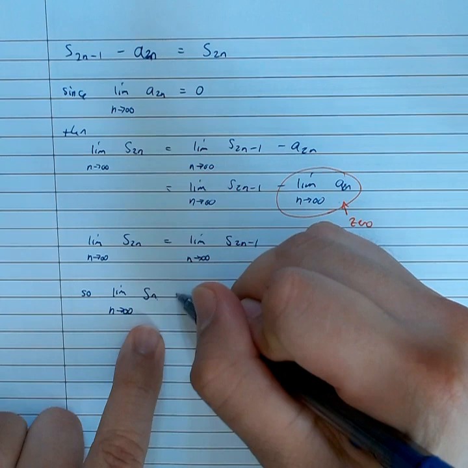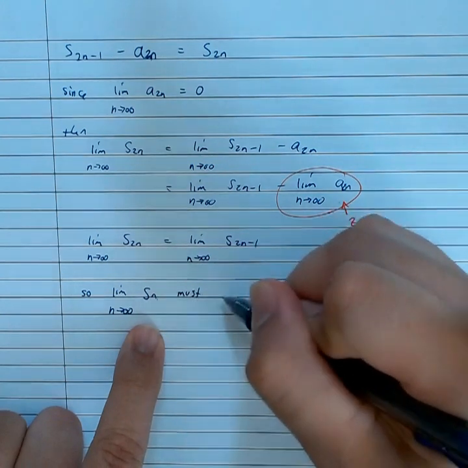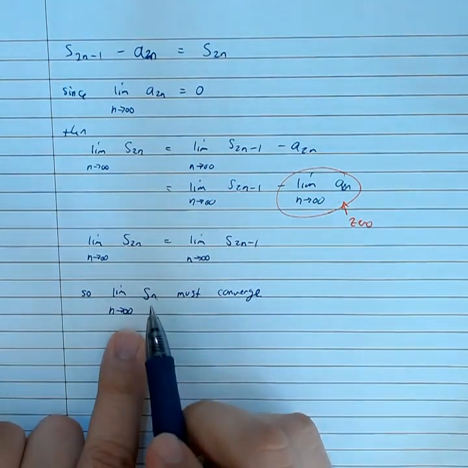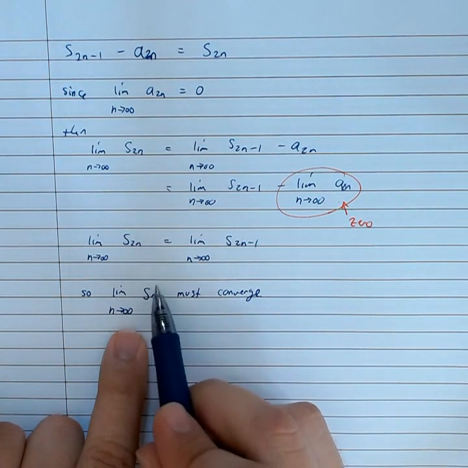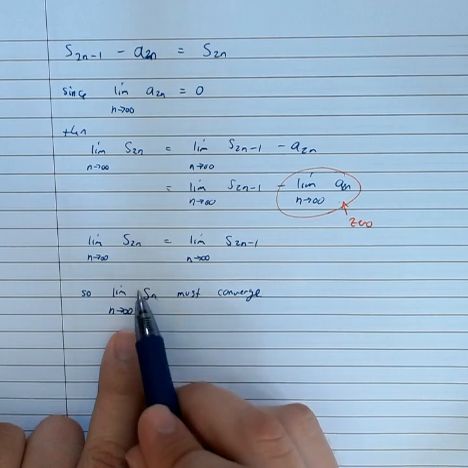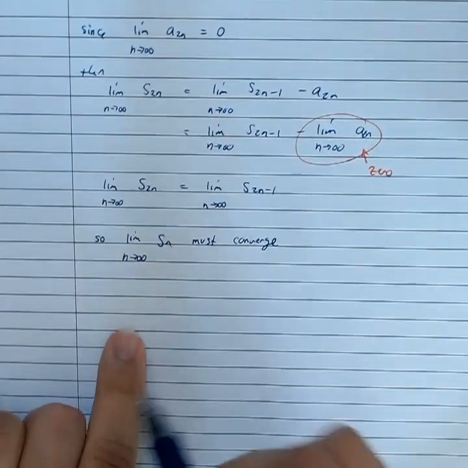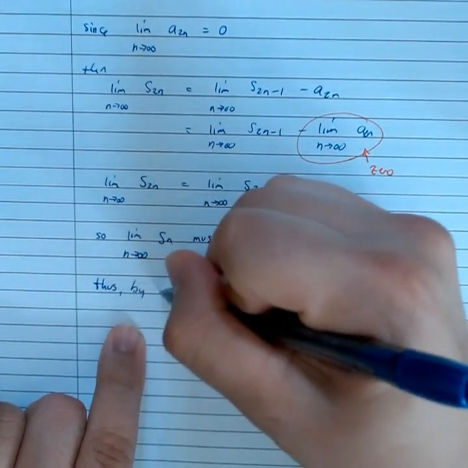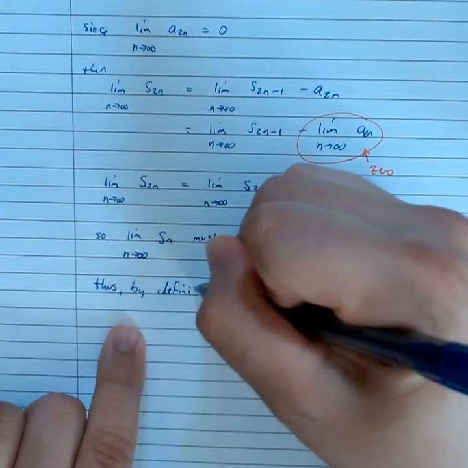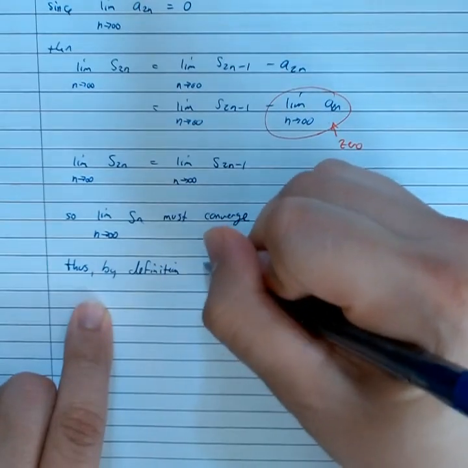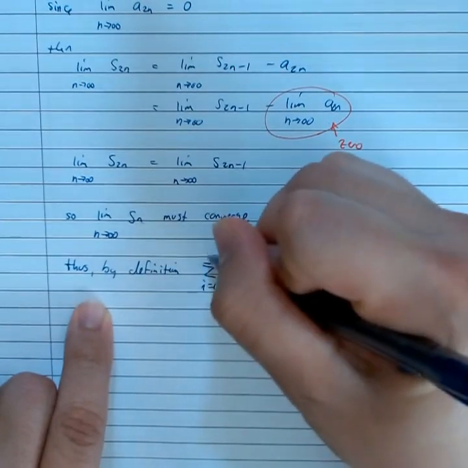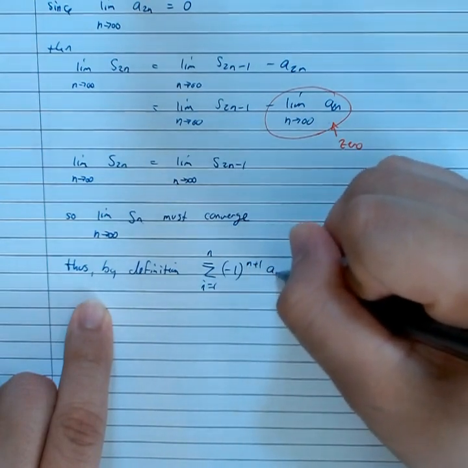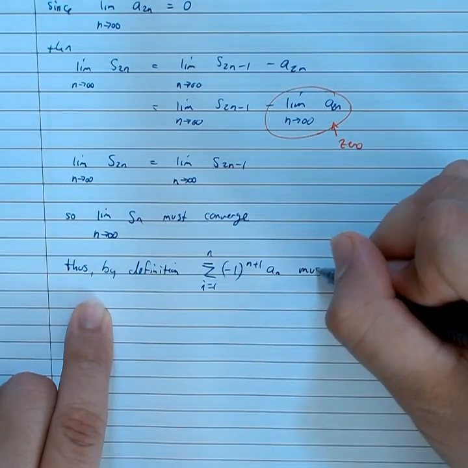This must converge. Now that means that the nth term of our sequence of partial sums converges, and therefore by definition the sum as i goes from 1 to n of negative 1 to the n plus 1 of a sub n must converge.